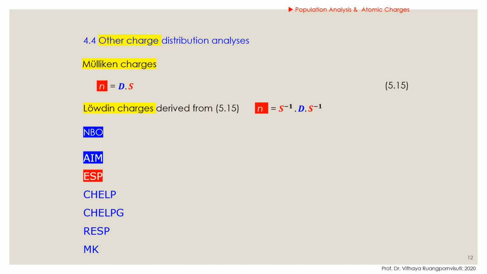The molecular charges N is equal to the density matrix D multiplied by overlap matrix S. Löwdin charges are derived from the molecular charges as N equal to S to the power minus 1/2 times D times S to the power minus 1/2.